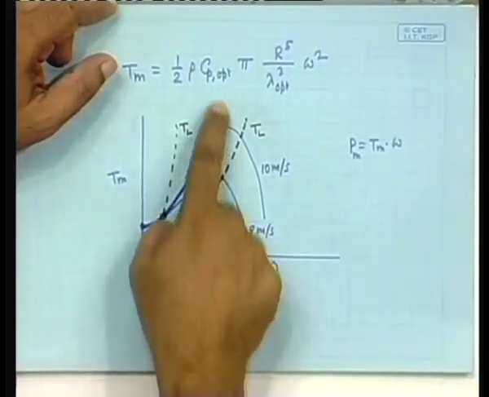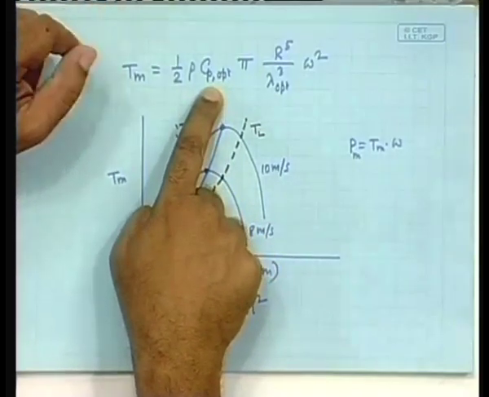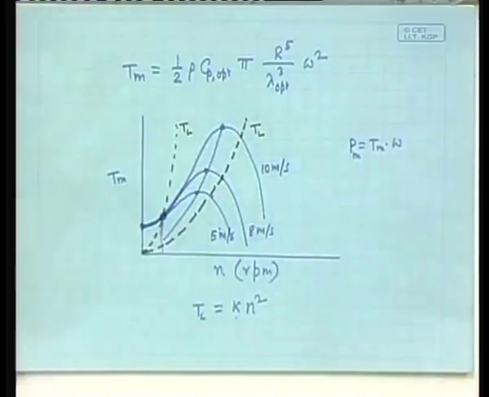This line corresponds to the optimal value of the Cp. Is that clear? Wherever there is a motor generator set, the motor gives one torque, the generator gives a back torque, and the ultimate speed of rotation will be exactly that value where these two torques are equal and opposite to each other. This torque depends on the speed, this torque also depends on the speed. So, it will operate at that speed which corresponds to the equalization of the two torques.